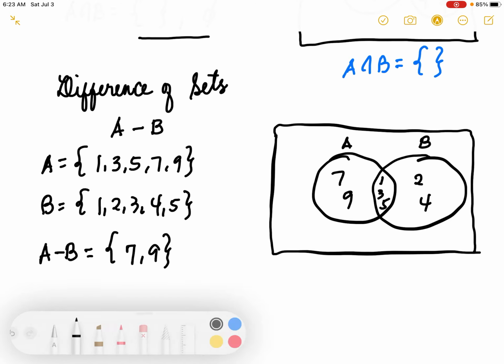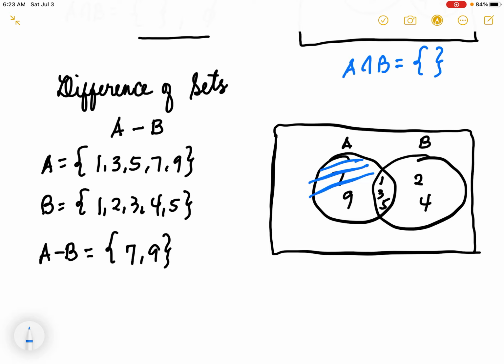So if we're going to shade the A minus B, there is this one only. So A minus B is equal to 7 and 9. Of course, we will not include 1, 3, and 5 because we can find those elements in set B.